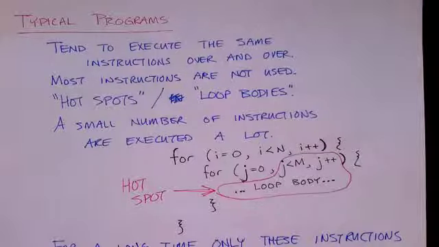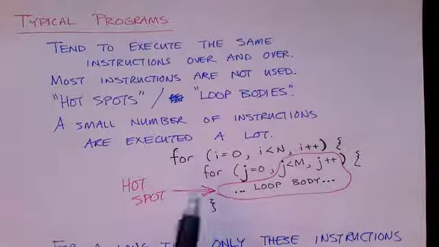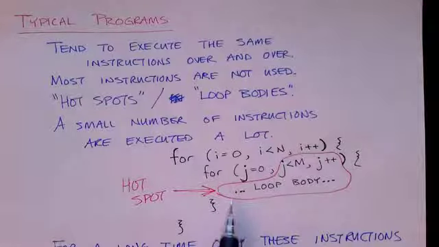And those programs that execute a lot of instructions usually do that with loops, while loops and for loops and so on. And these loops tend to execute the same instructions over and over, and those are the instructions that are in the loop body.